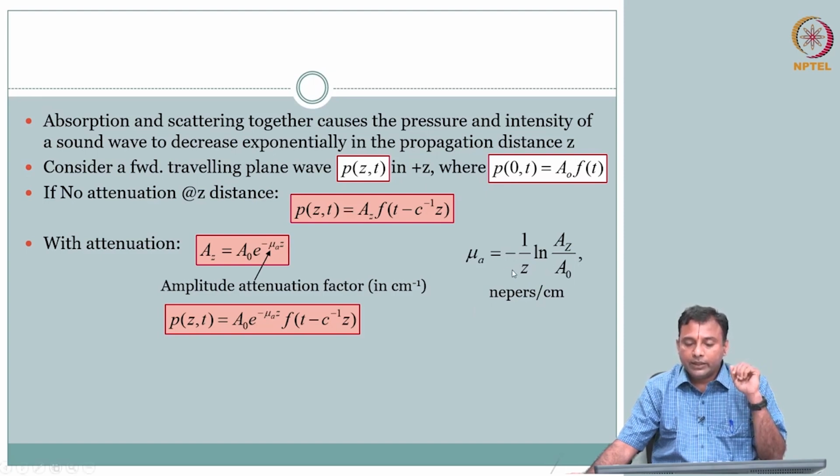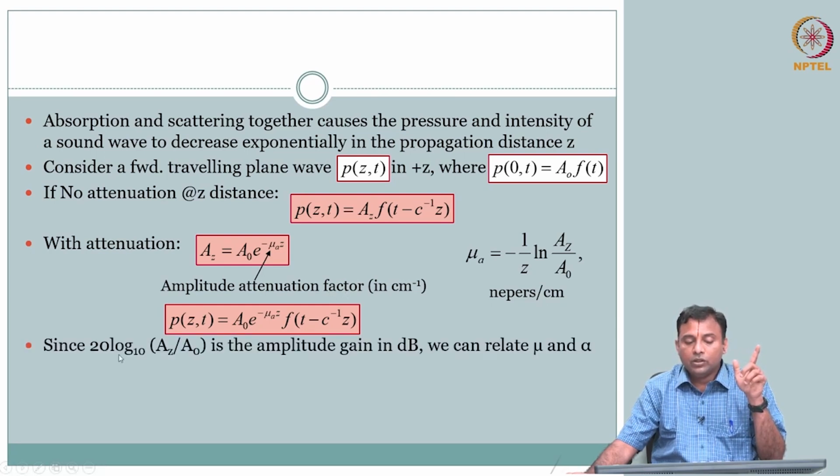So clearly you can see a relationship between your mu naught and this natural logarithm, but we also talked about attenuation. We talked about the amplitude attenuation factor, but just before we called something the attenuation coefficient. So there should be a relationship between those two.